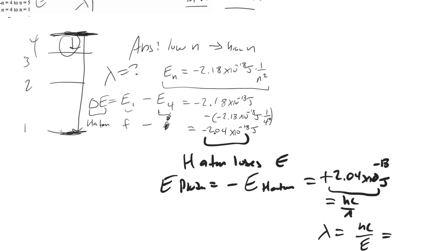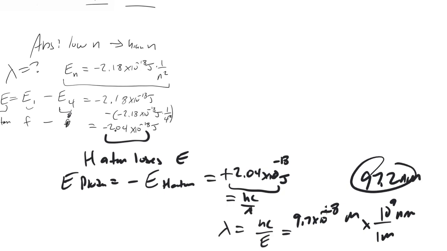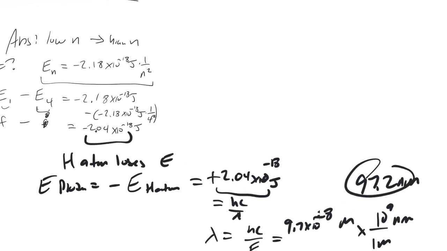And then that gives me 97 nanometers. So it's 9.7 times 10 to the minus 8 meters, 1 meter is 10 to the 9 nanometers. So I'm just multiplying by 1e9. That's 97.2 nanometers.